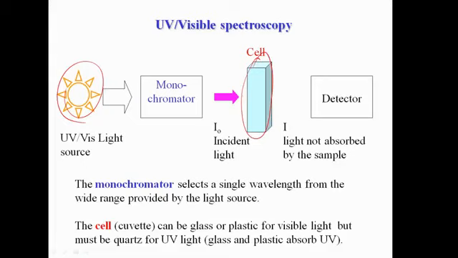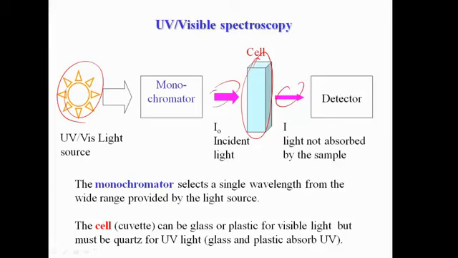So you have an incident photon, and we call this I, capital I, and subscript 0. So that's our I0. And then it goes through the cell, and what we're trying to show here is, you can see it's thicker here than it is here.